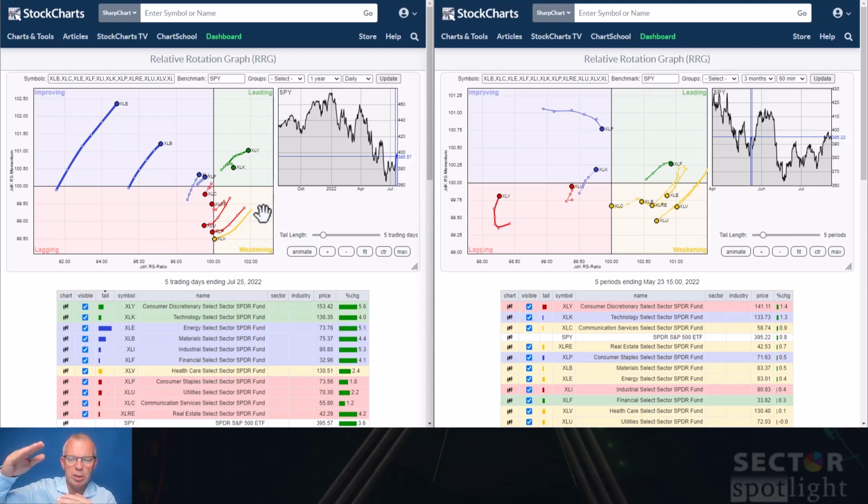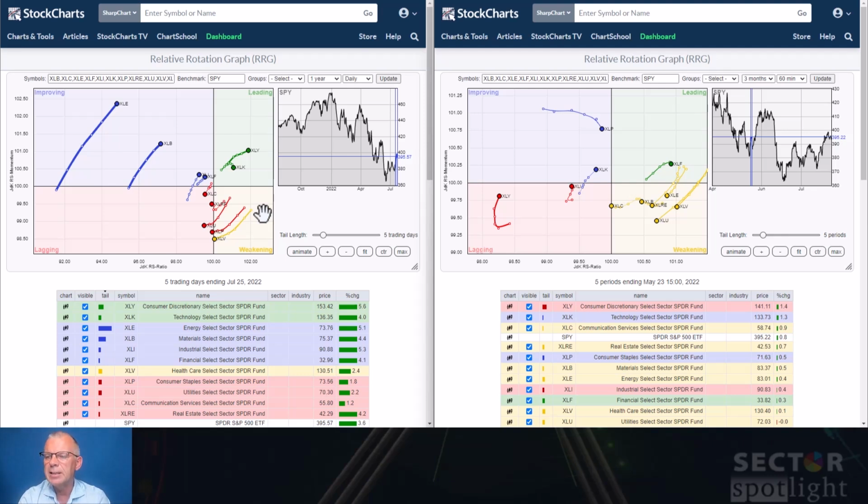moves, the less volatile the moves are. So obviously, when you use a weekly RRG and you're looking at the weekly trends, they can produce pretty large moves in terms of US dollars in price, or percentages in terms of relative difference between the S&P and the particular sector.